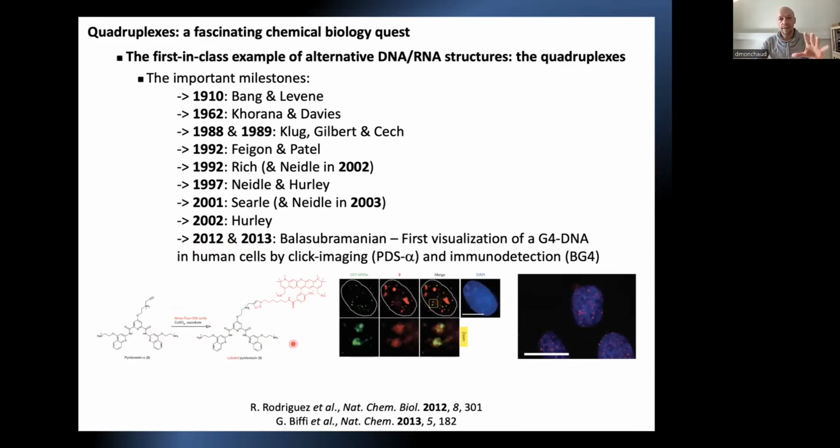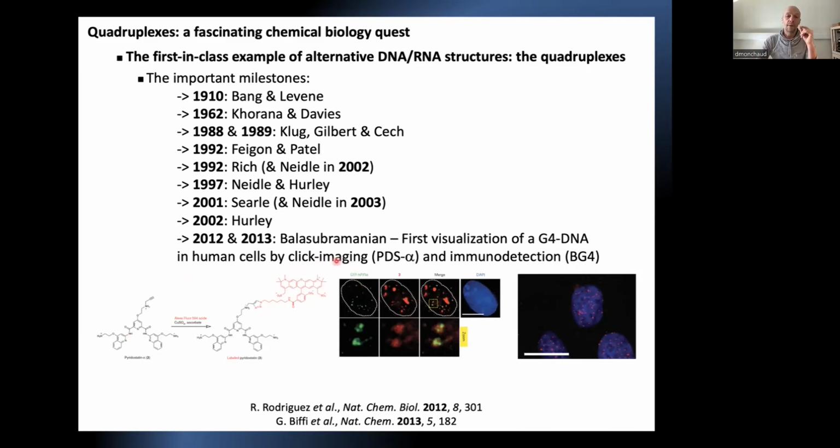They used a clickable ligand, this PDS alpha here, and they incubate live cells with the PDS, they fix everything, and they just perform a step of in situ click chemistry to label the G4 ligands once in interaction with its target within cells with a fluorophore to make it detectable, and it works quite well.